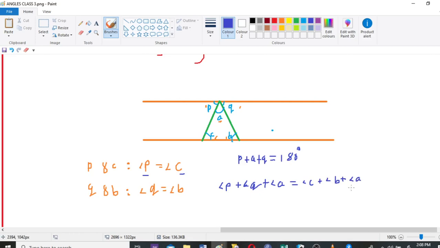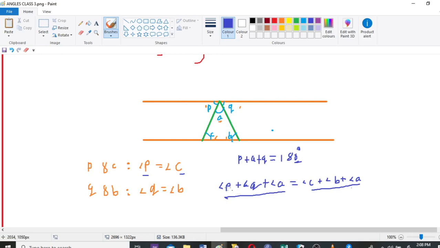So if when we add angle P, angle A, and angle Q, we are getting 180, which also corresponds to angle C, angle B, and A, when we add them, we should also get 180, because the summation of these angles should give us 180. Then the summation of these angles, because they are equal, should also give us 180.